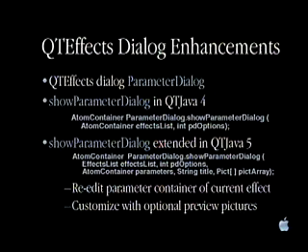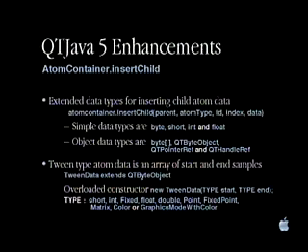And another new feature of QuickTime for Java 5 is an enhancement to the atom container class, specifically the insert child call. We've extended the number of data types to cover all the data types found in QuickTime. So we have all the simple data types of byte, short, int, and float, and as well object data types, which will cover all of the other data types that you'll need to actually create QuickTime atom containers.